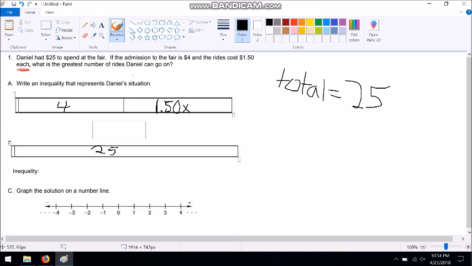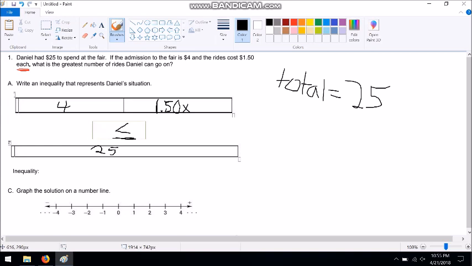So the next thing we have to figure out is what goes in this middle box. What is our sign? Our sign is going to be the less than or equal to sign. We put less than or equal to because we are looking for the greatest number of rides that Daniel can go on. That means at most he can go on this many rides.